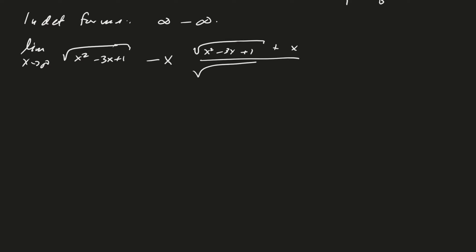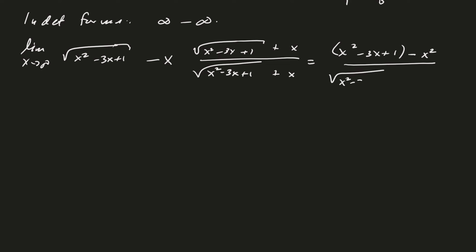In doing that, we make the difference into a fraction. Remember, if you have a minus b times a plus b, you get the a squared minus b squared type rule. So that's the square root squared minus x squared, divided by the square root of x squared minus 3x plus 1 plus x.